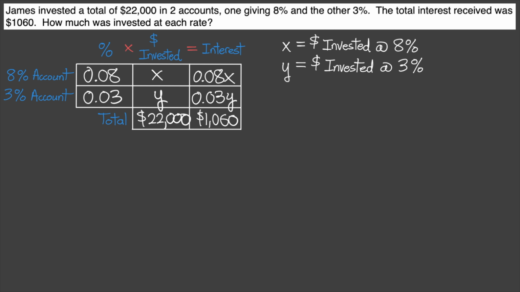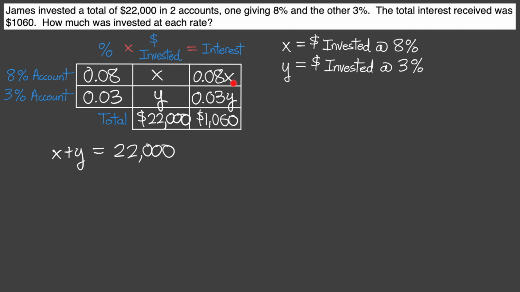All right, so now we have to set up our equations. We have two variables, so we're going to need two equations to solve. So our first equation is going to be the money invested. So we're going to add x plus y, and that's going to equal the total money invested. So we'll write that equation. So x plus y equals 22,000. Next, the other equation is pretty similar.